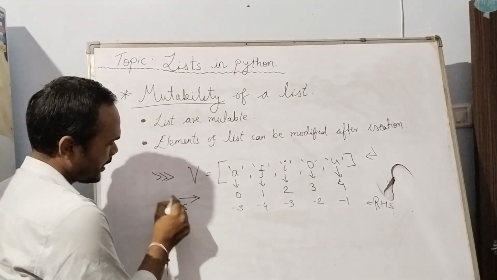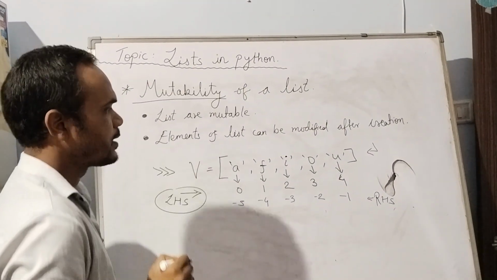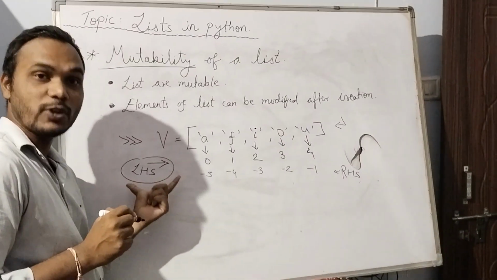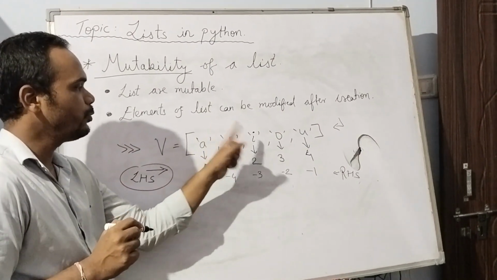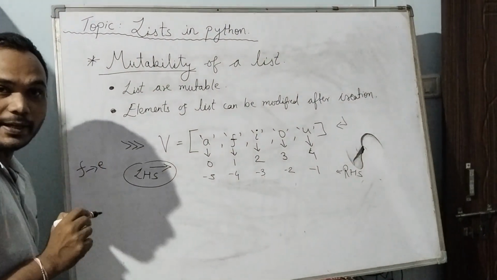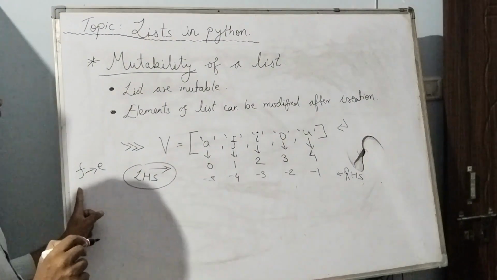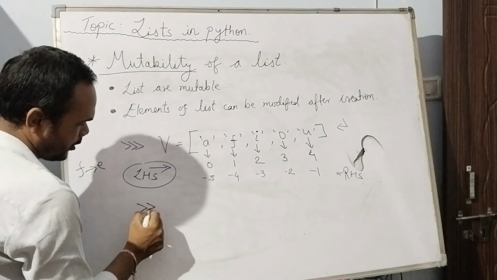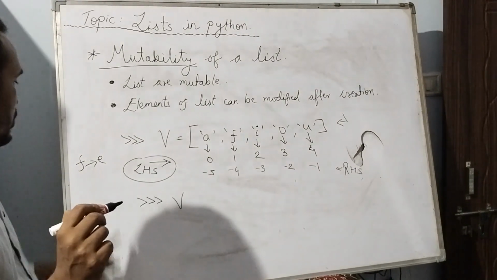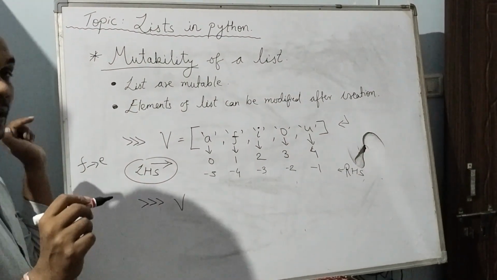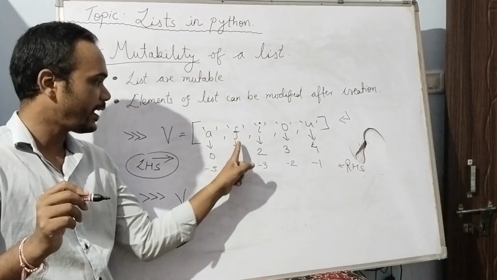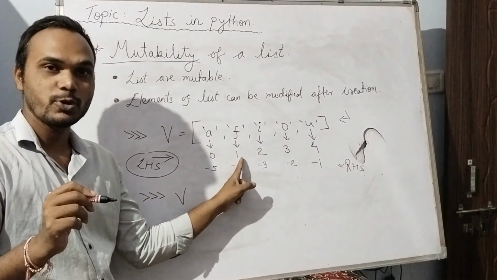Let's talk from the left hand side. Suppose I want to change the value from F to E. I want to update it. So how will I update? On the console I will write capital V. Now, looking from the left hand side, the index value of F lies on the index position 1.